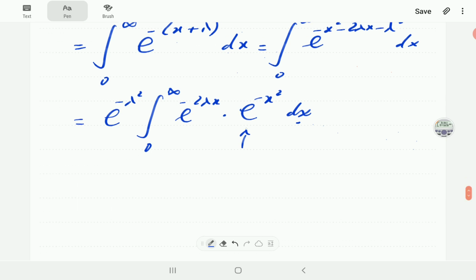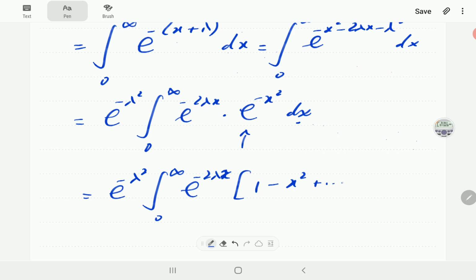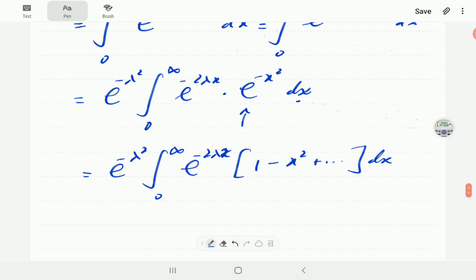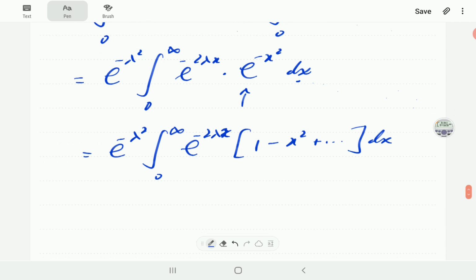So we can actually do the Maclaurin series expansion of that. So that's going to be 1 minus x squared dx, and then we need to put this in the standard gamma function form.